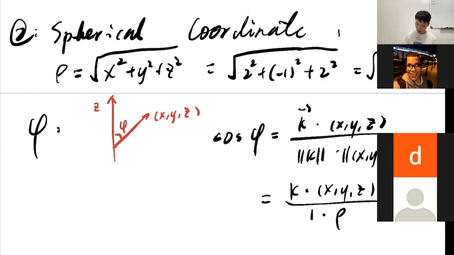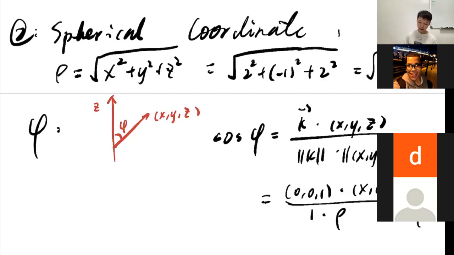Well, k is, remember, 0, 0, 1. So when you do the dot product on top, it becomes z, and on the denominator is rho.